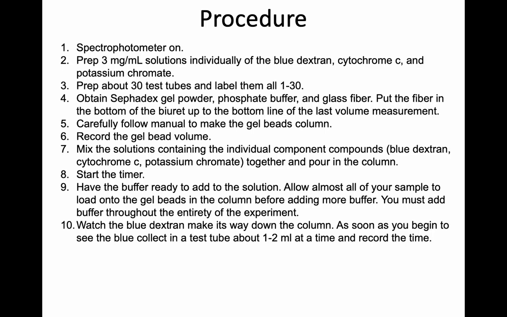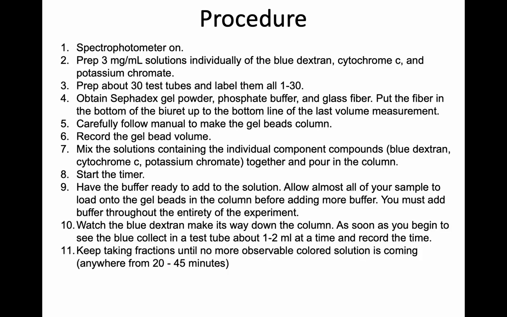start collecting the eluent in your test tubes at a volume of 1 to 2 milliliters. Every time you have collected 1 ml or 2 ml, note the time at which this was recorded, put the tube aside, and get a new tube. Do this for about 20 to 45 minutes until no more observable colored solution is coming out from your column.